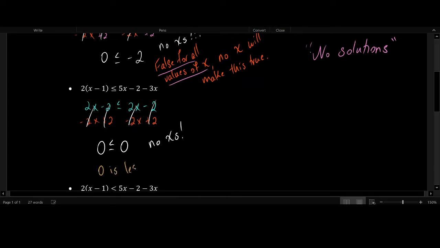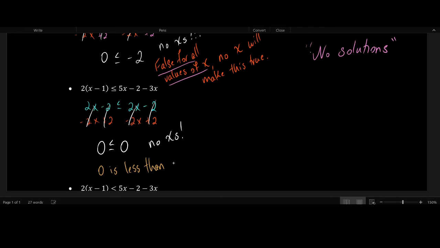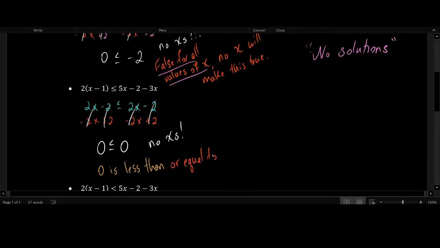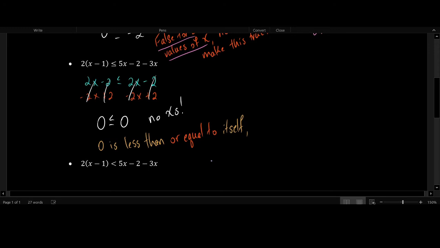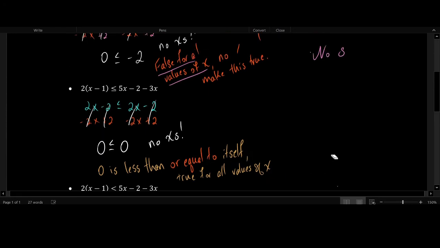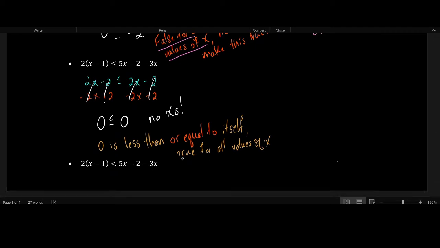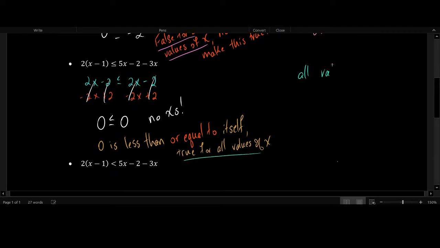So this statement is true for all values of x, and therefore all values of x are solutions, because every single possible value of x will result in a true statement. There's no way to make this statement false.